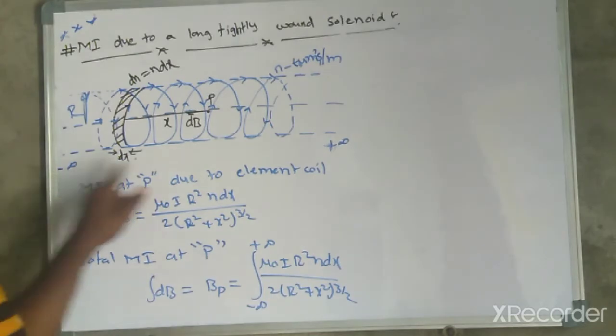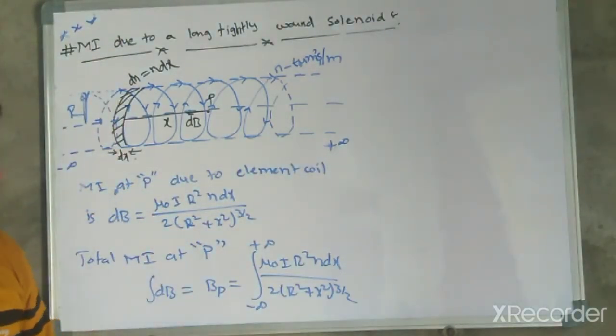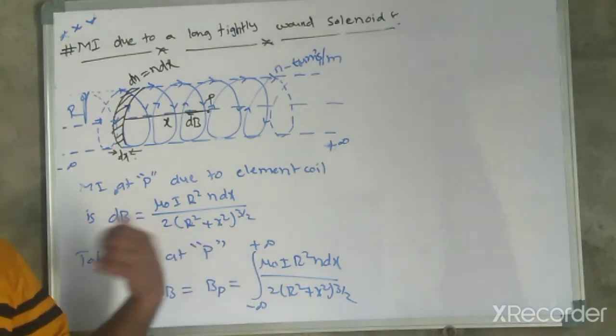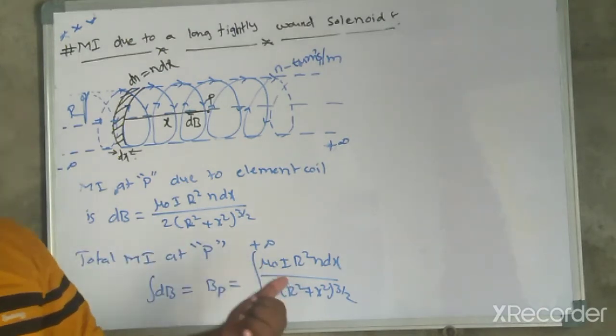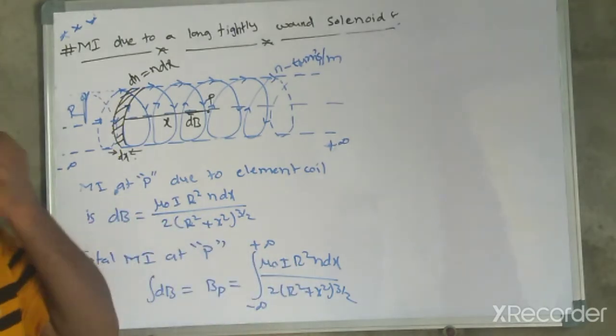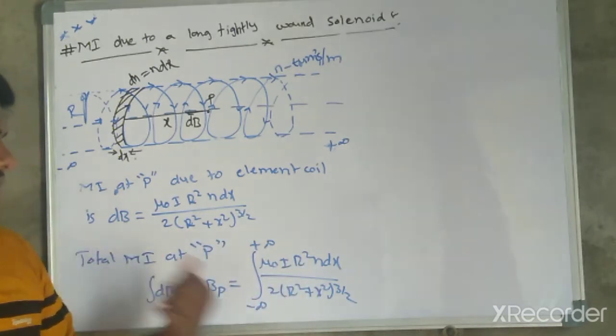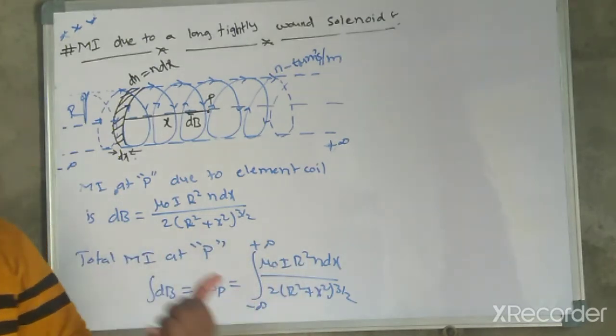Mu naught, I, r square, n, the number of turns per meter, and 2 are all constants, so you may write them outside the integral.